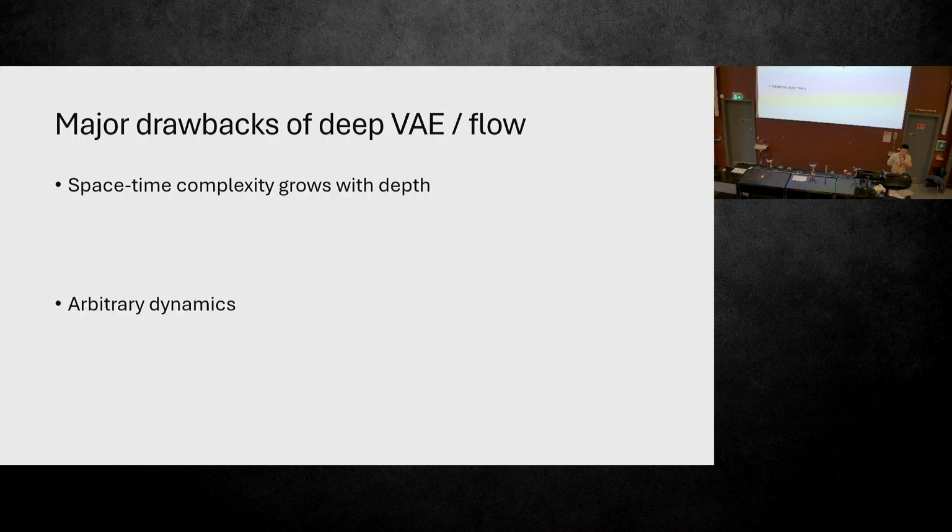Okay, so at the beginning of the talk, I was talking about some of the drawbacks of deep VAEs and also flows. The primary one is that the space-time complexity of training these models grows linearly with the number of layers, with depth. So the more layers you have in the deep VAE, the more costly it becomes to train.